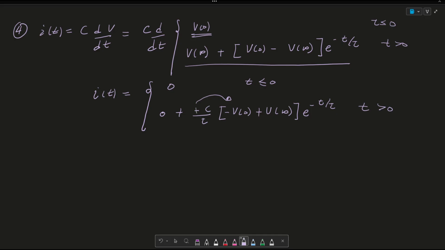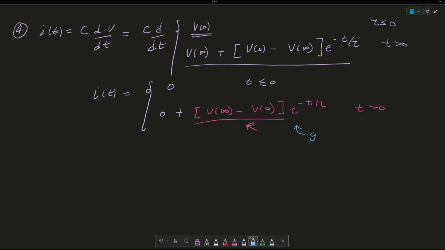And we notice that tau is essentially RC. So then the C's cancel out. A cleaner version of this becomes V of infinity minus V of 0 times e to the minus t over tau over R. And again, this is for t greater than 0.